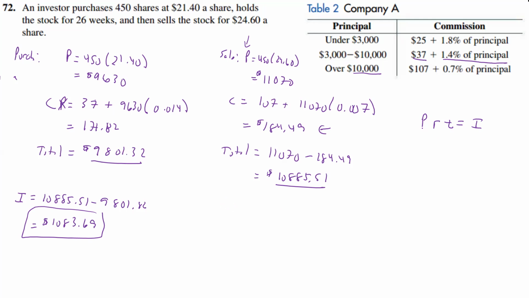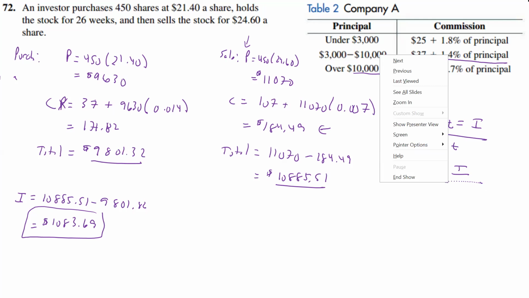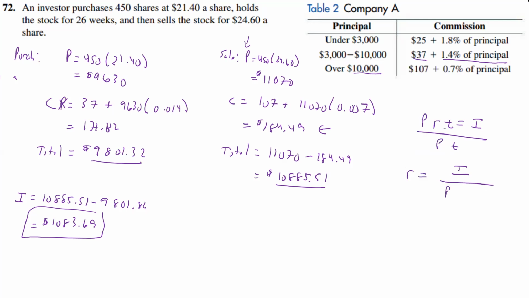We're solving for R, so let's just divide everything by PT. So R is equal to I over PT. I was 1083.69.